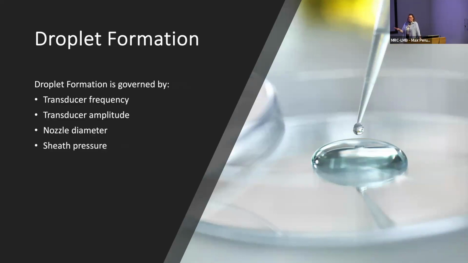Some people set their pressures to about 70. Personally, I don't find that there's any major appreciable difference in speed if I just drop it by 10 psi, and I find that the gain in viability is much greater if that's the case. So we usually run it around 60 psi for our smallest nozzle setting. And then finally, the phase of the charging pulse will obviously also affect the droplet formation.